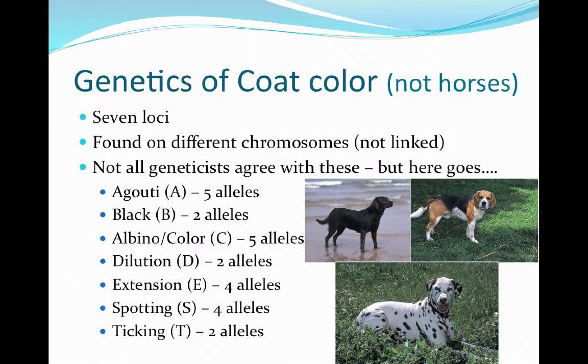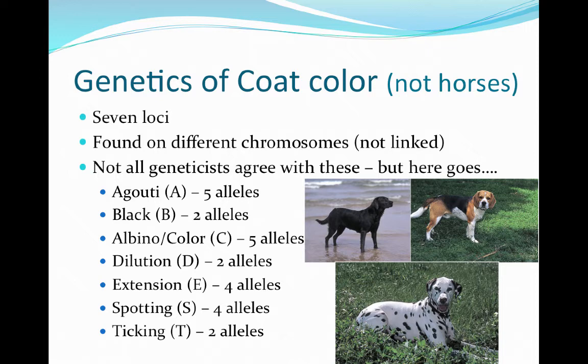Coat color genetics is really complicated. We're going to briefly talk about the genetics of coat color in all other species except horses. Horses are their own ball of wax, and I'm going to do a supplemental lecture for horse coat color if you guys are interested.